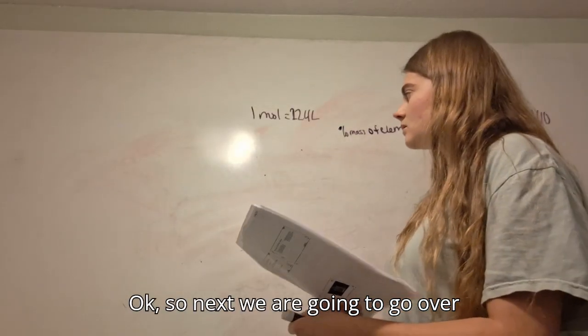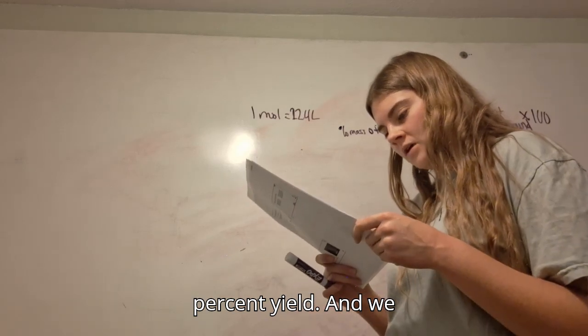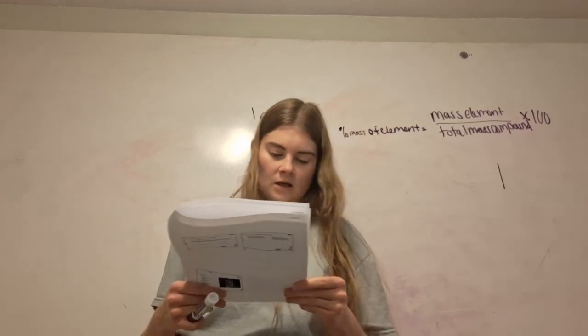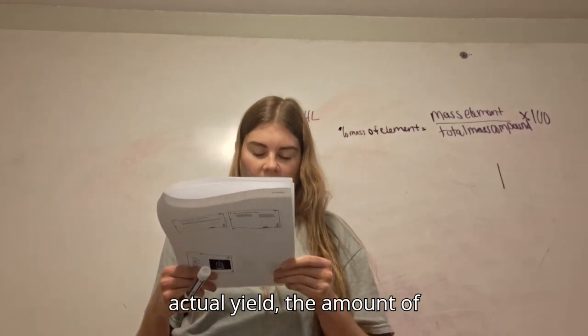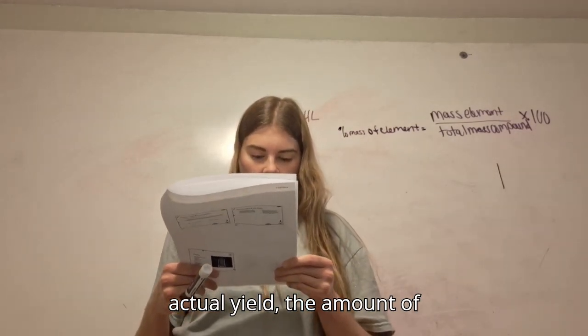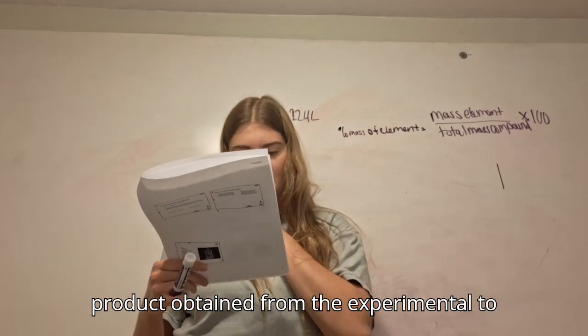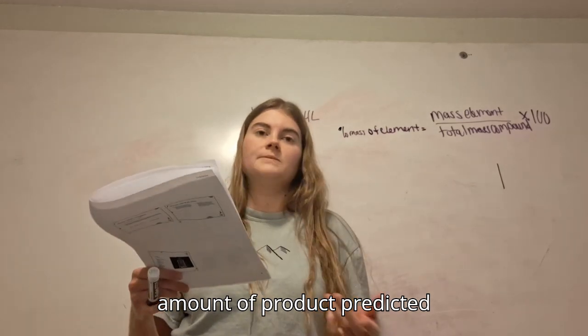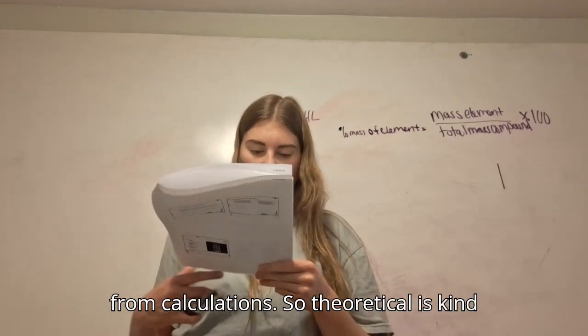Okay, so next we are going to go over percent yield, and we are on page 15 for percent yield. Percent yield is the ratio of the actual yield, the amount of product obtained from the experiment, to the theoretical yield, which is the amount of the product predicted from calculations.